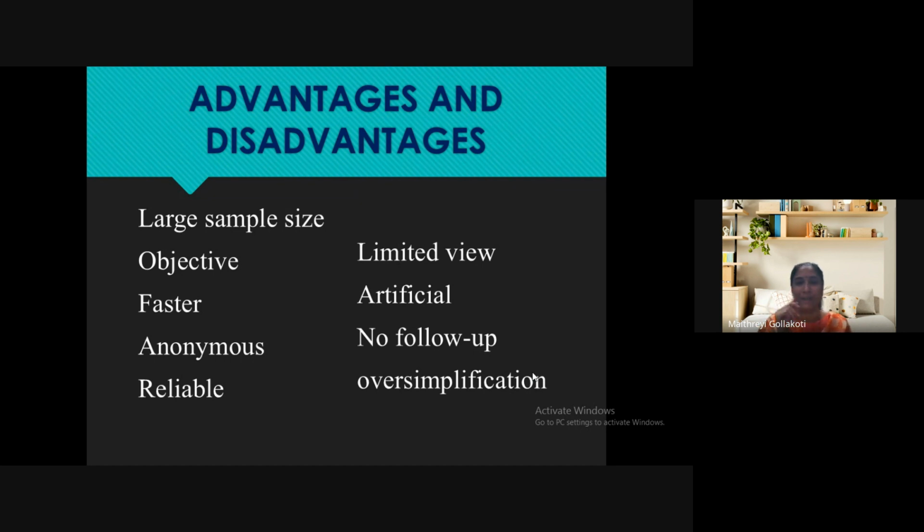Not always, sometimes. No follow up. See, when we are doing qualitative research, we will do the research on the first level and the second level research will be done after 6 months. Suppose you buy a product, immediately you may like it. But after using it for 6 months, you may change your opinion depending on its performance, isn't it?